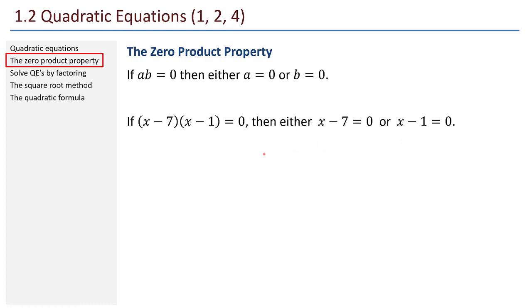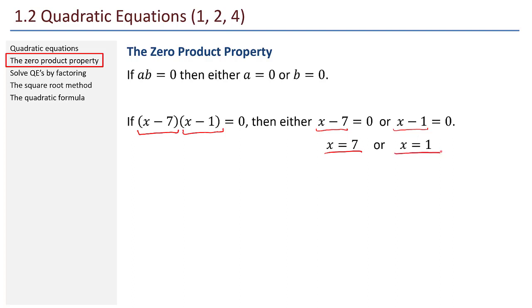So here's how we actually apply this. If x minus 7 times x minus 1 equals 0, then one of those factors must be 0. Either x minus 7 equals 0 or x minus 1 equals 0. Well, we can solve those for x, and we get x equals 7 or x equals 1.